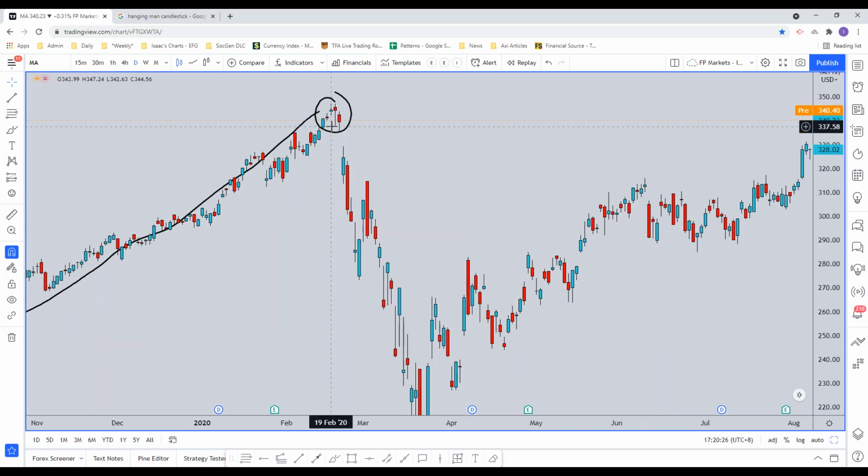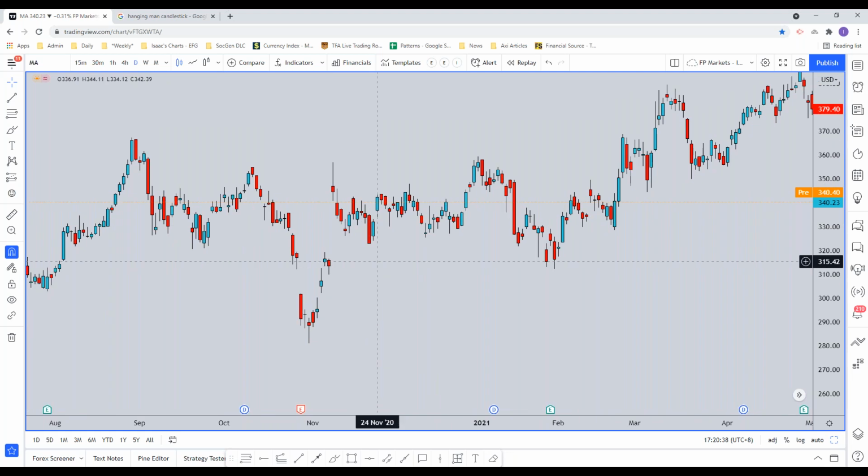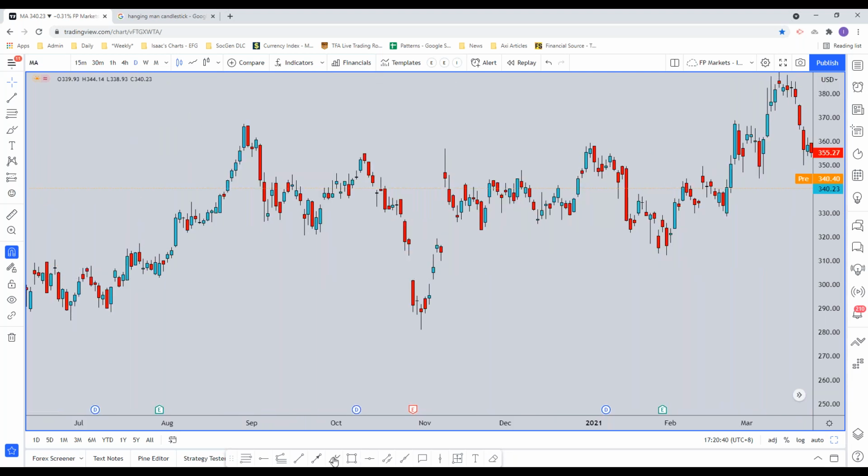This is a signal to tell you that price is going to start reversing now, and we should look out for this. Now we have another strong trend downwards into something that looks like a hammer.